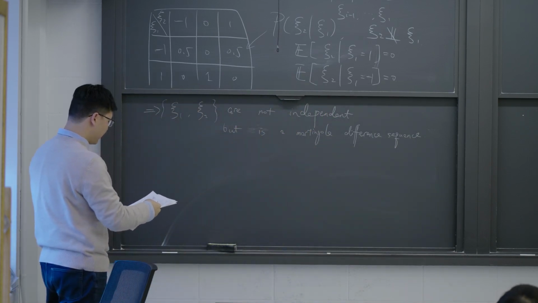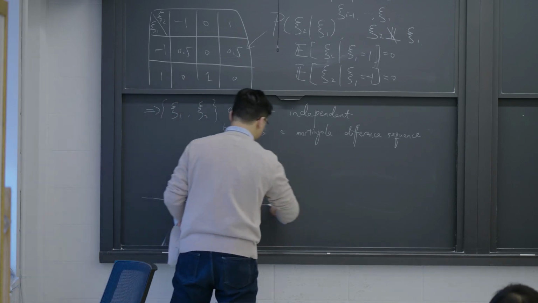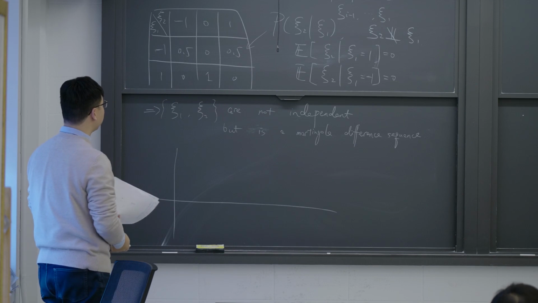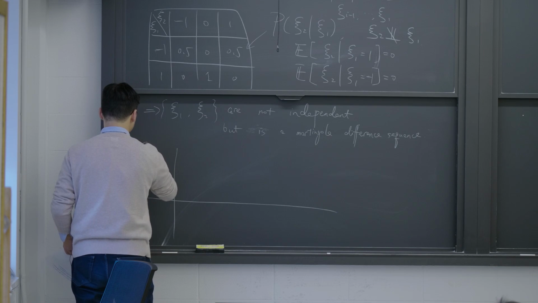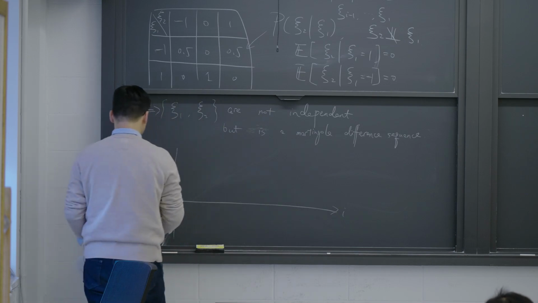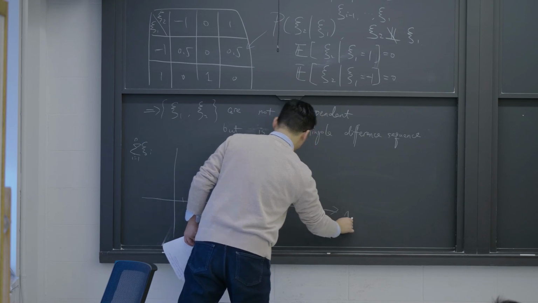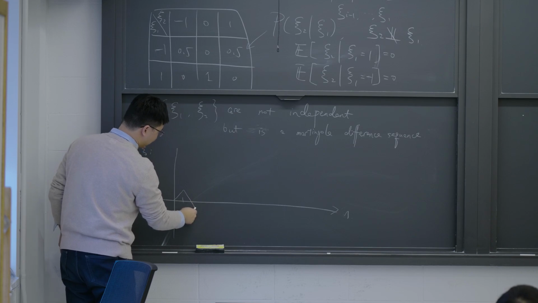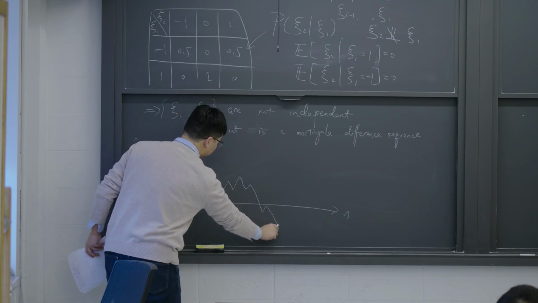Finally, the Martingale difference sequence also exhibits the concentration phenomenon. If we plot the summation of Xi I over time, with I equal to 1, I equal to 2, and sum them together up to n, we see the first step is some random walk, the second step is also a random walk, and eventually it looks something like this.